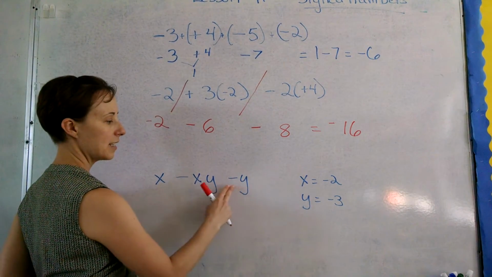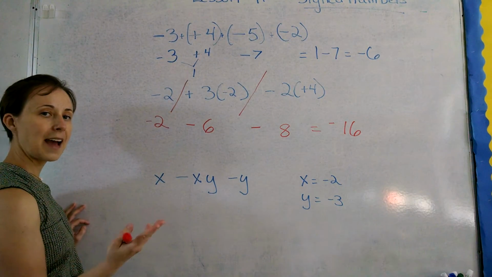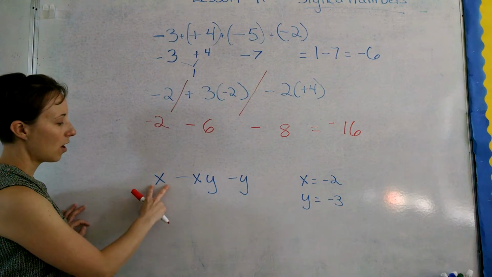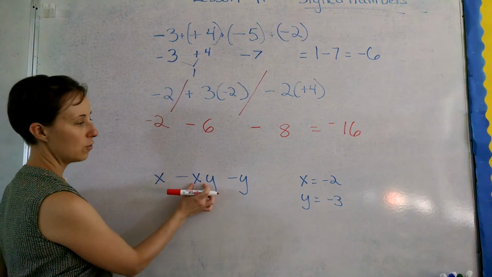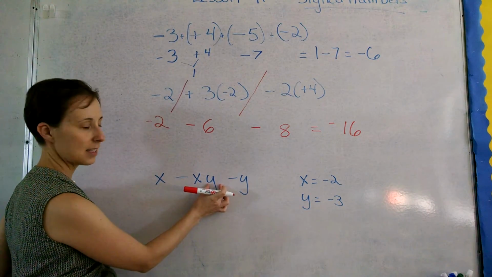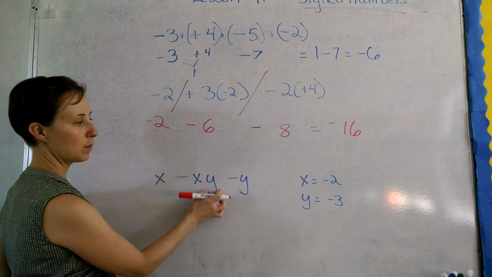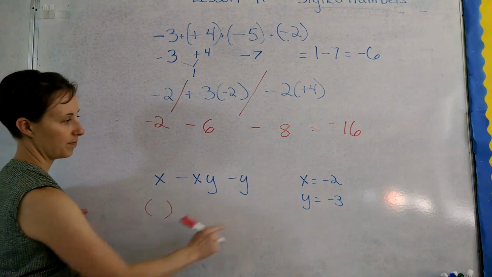Let's fill in our x's and y's and see if we can solve. When I go to put the x in, and this is the new part, the part you want to listen to, don't just write the number and then keep writing. Otherwise, if you just write this next to that, it's going to look like 23 instead of like x times y. So when you write them, put them in parentheses.